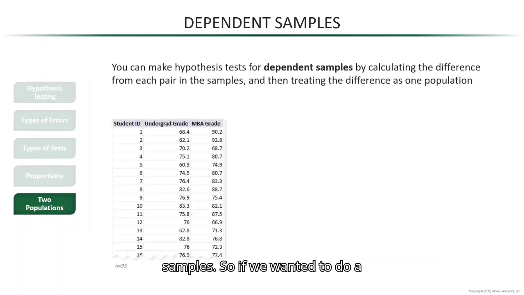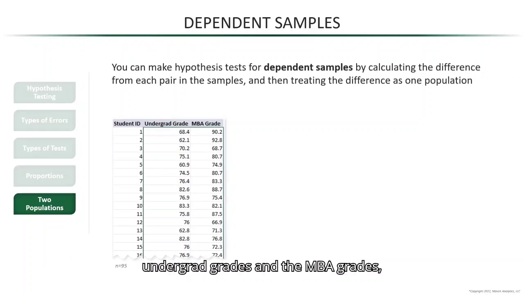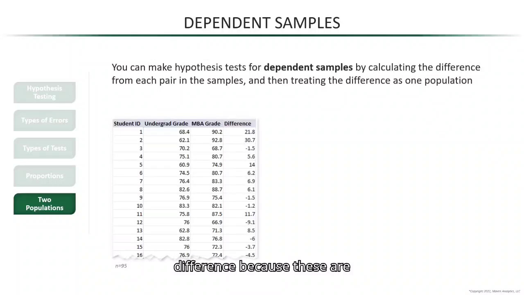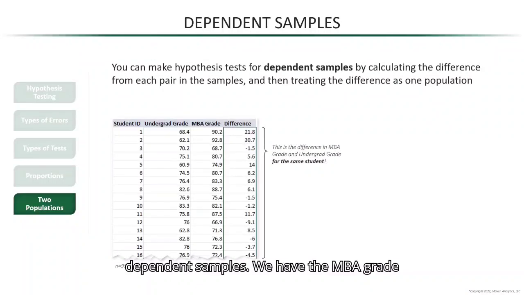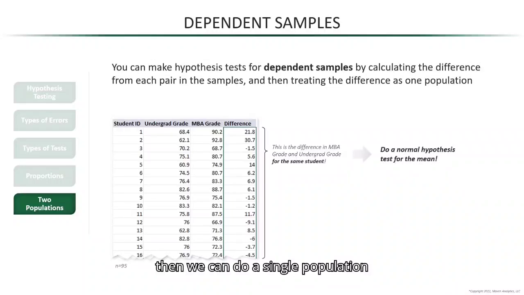So if we wanted to do a test on the mean difference between the undergrad grades and the MBA grades, we can create a new column with the difference. Because these are dependent samples, we have the MBA grade and the undergrad grade for the same student in each observation. And now that we have this difference, well then we can do a single population hypothesis test on this new variable.